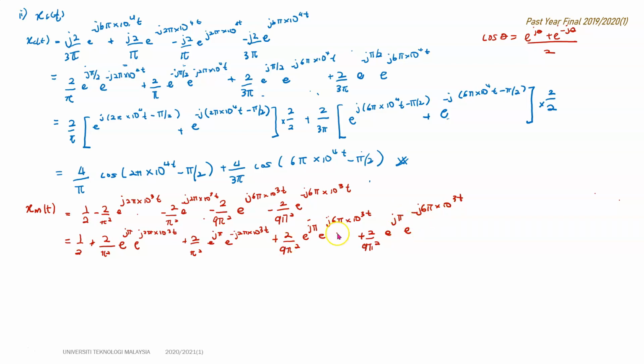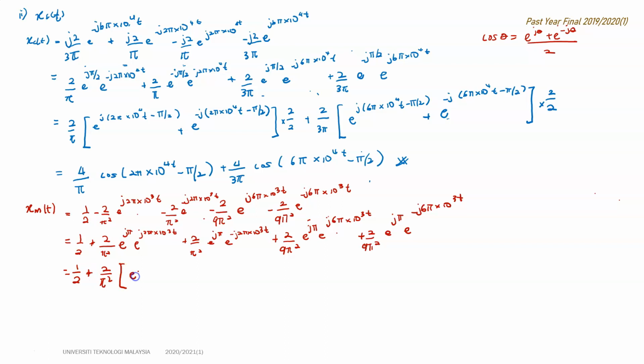Okay, and we have to rearrange this equation so that it follows the Euler function, just like what we have done here with Ct, so that we can put it in terms of cosine function. So what it will be here is 1 over 2, and then we take out 2 over pi squared from the bracket.